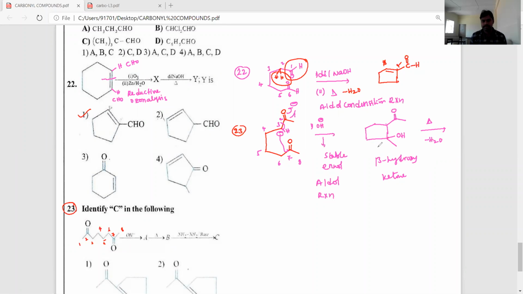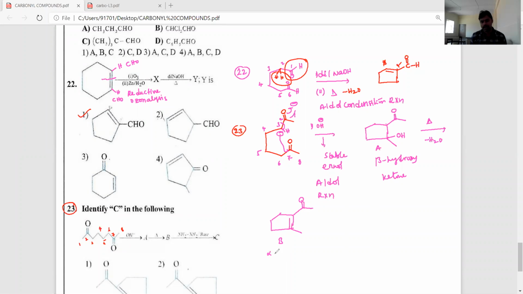So this is A and the B compound is like this. The double bond is in between the C double bond O group and the CH3 group, which means a more substituted double bond and an alpha beta unsaturated carbonyl compound.